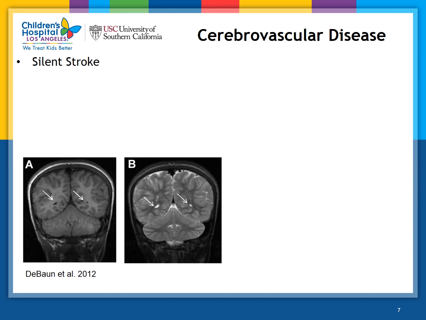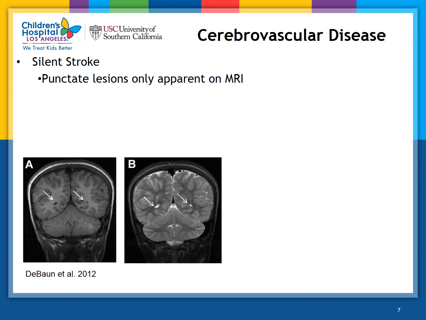Furthermore, with the increasing usage of MRI, so-called silent strokes have been identified. These punctate lesions appear as hypointensities in T1 weighted images and hyperintensities in T2 weighted images, and are devoid of the classical neurological signs associated with stroke, and are thus considered, quote, silent, if you will.